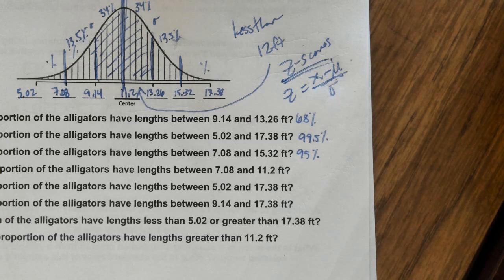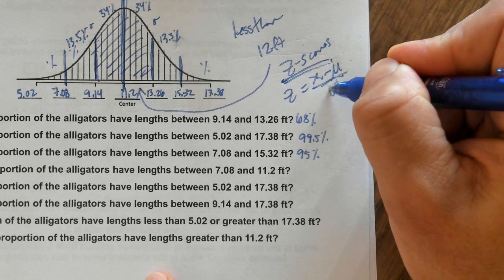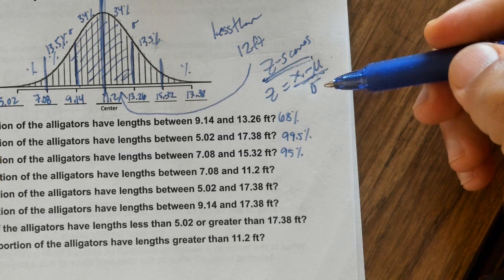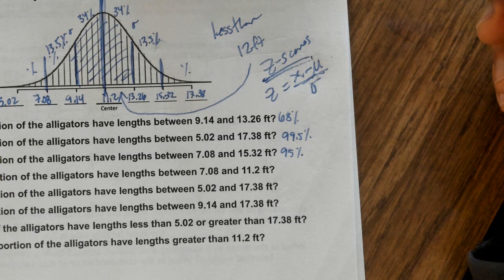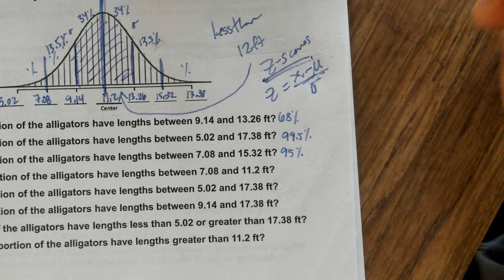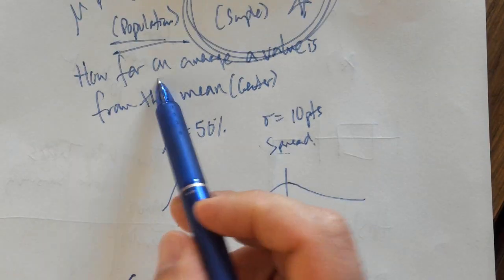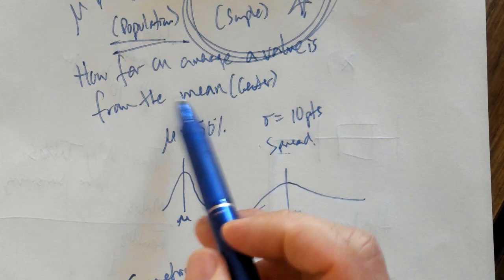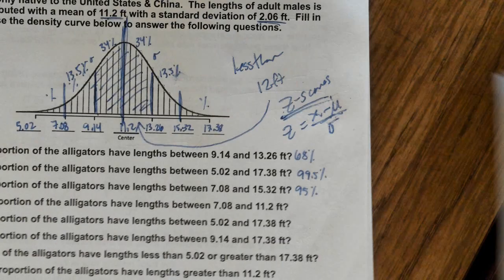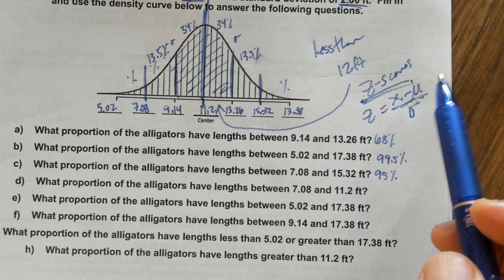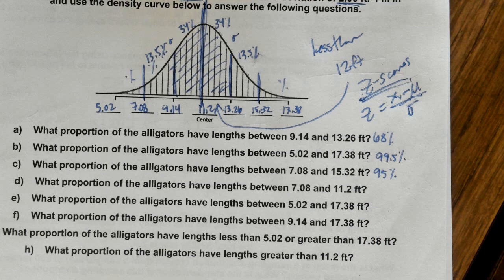But in general, if you have a negative, positive, whatever z-score, a z-score measures the spread as well. Just like standard deviation, if we go back to our definition, how far on average a value is from the mean, right? You can also figure out that a z-score is how many standard deviations you are from the mean.